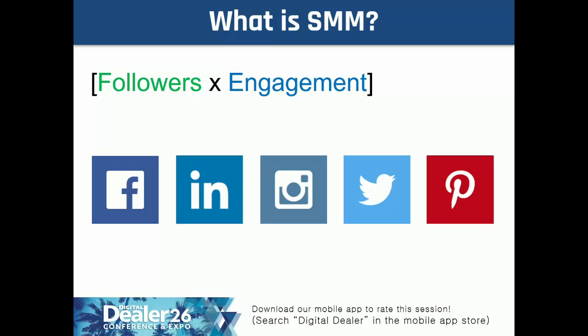On LinkedIn, people are more interested in articles and actually reading content, versus Instagram, where people just want to see an image. So I would say be very careful with what you post where, but I think it's just a strategy thing. You decide, I want to be on this platform, I want to do well on this platform, I want to be here because my website visitors are here.